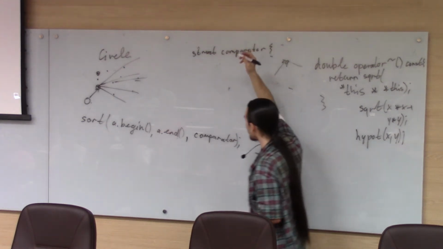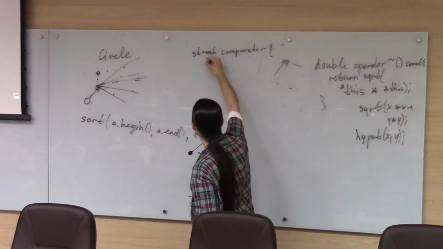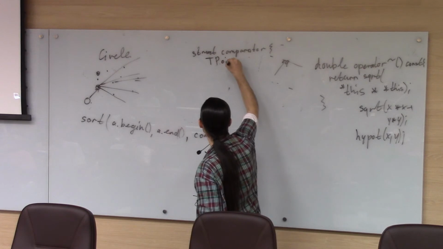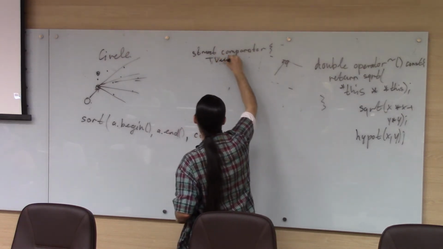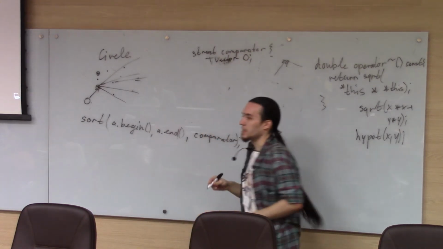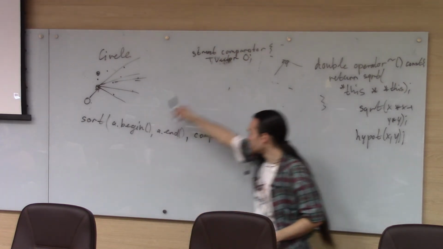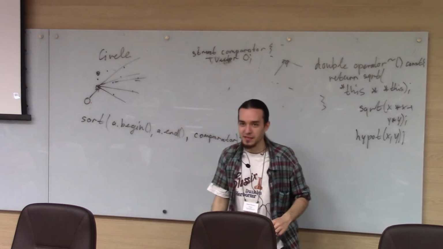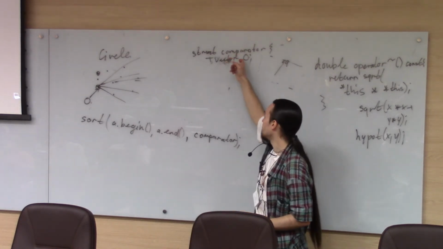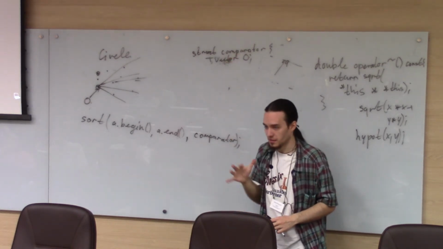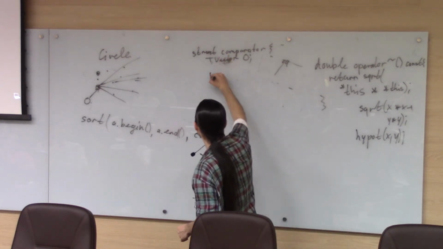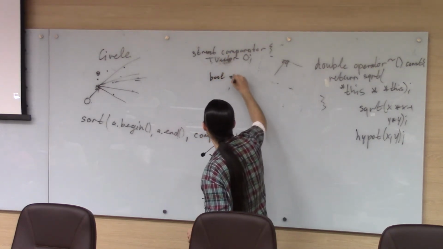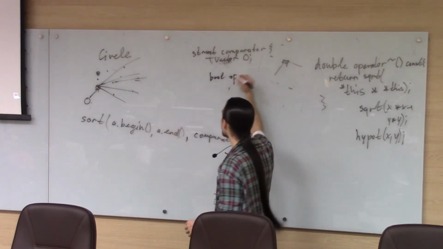Why a structure? Because it will store this point O, so we initialize it with our origin point O. Then we define the operator that will actually be used here.